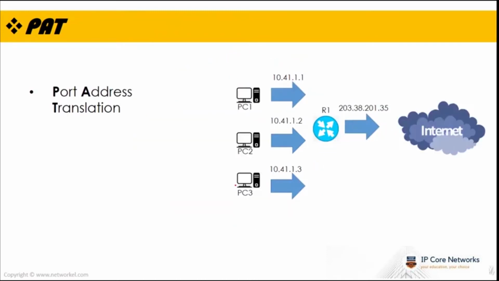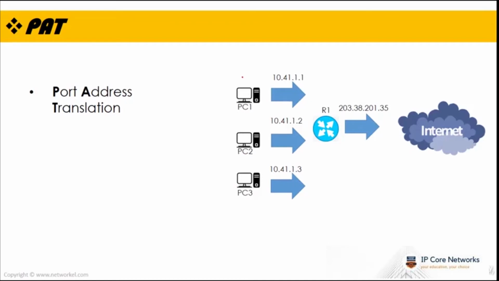Let's go ahead with port address translation. In the PAT method, each private address is translated to a single or a few public IPv4 addresses, and port addresses are used for choosing the right internal device when the packet is coming back.